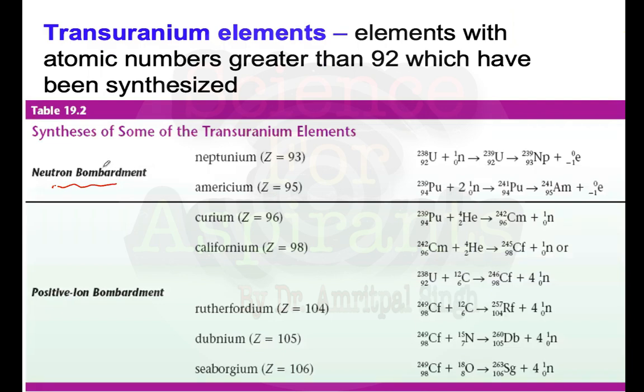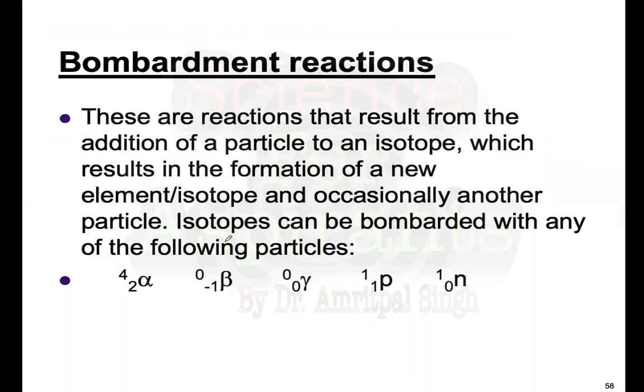When we bombard neutron on uranium, neptunium is formed, and particles like americium are also formed with neutron bombardment. There is also positive ion bombardment. When we bombard polonium with a helium particle, another new element is formed. These are some of the transuranium elements, and we have found many new elements using these transuranium reactions.